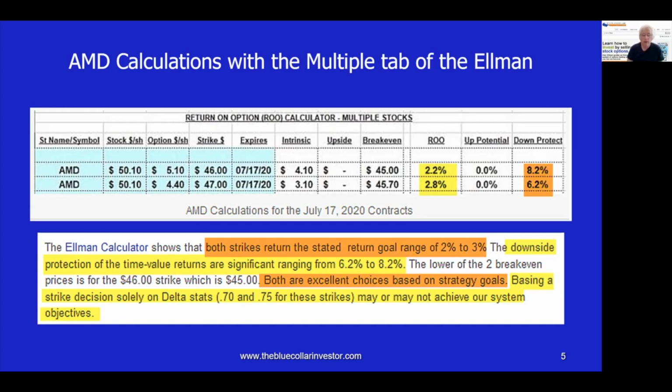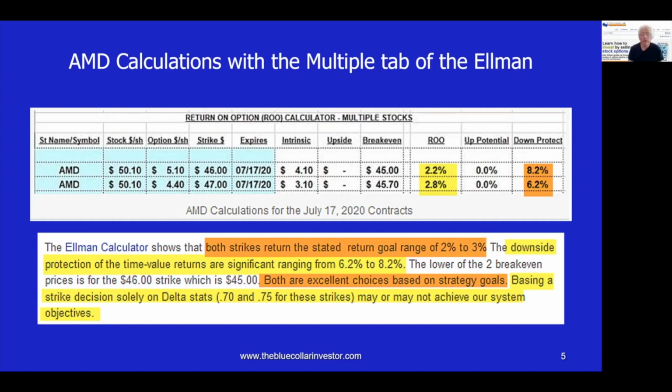And here's what the calculator tells us. After deducting the intrinsic value component of these options, the remaining time value initial return is 2.2% for the 46 call and 2.8% for the 47 call. So the 47 call gives a slightly higher return.